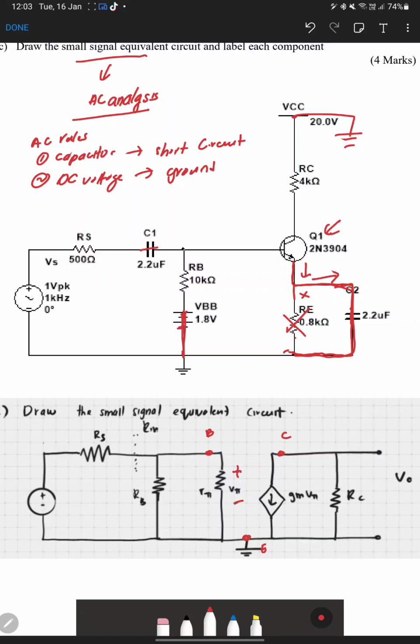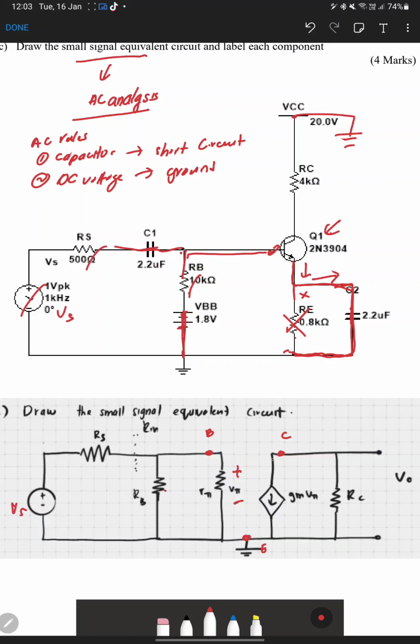From here we make the RB, and RB goes to the ground, since VBB becomes the ground. Then at the other junction, we make the RS and VS, the V source. This is our V source. Settled for the base part, and then the rest is the collector part.